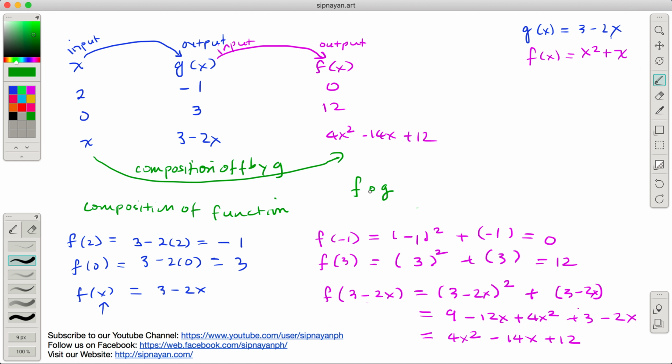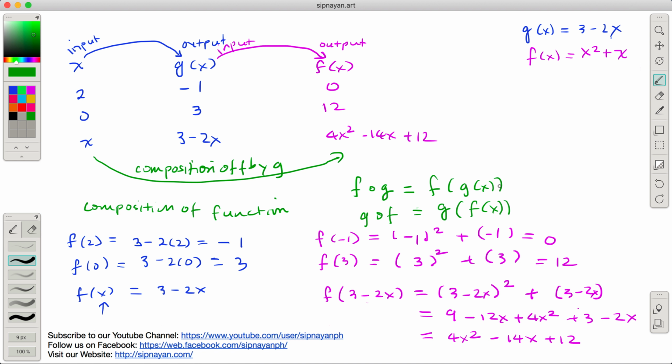Itong maliit na bilog niya, hindi yan O, hindi rin siya multiplication. We define that as f of g of x. So, yung input ko dito, instead of x, actually, yung g of x. Okay? So, pag binaliktad ko yan, for example, ginawa ko siyang composition of g by f, ang definition naman dyan ay g of f of x.